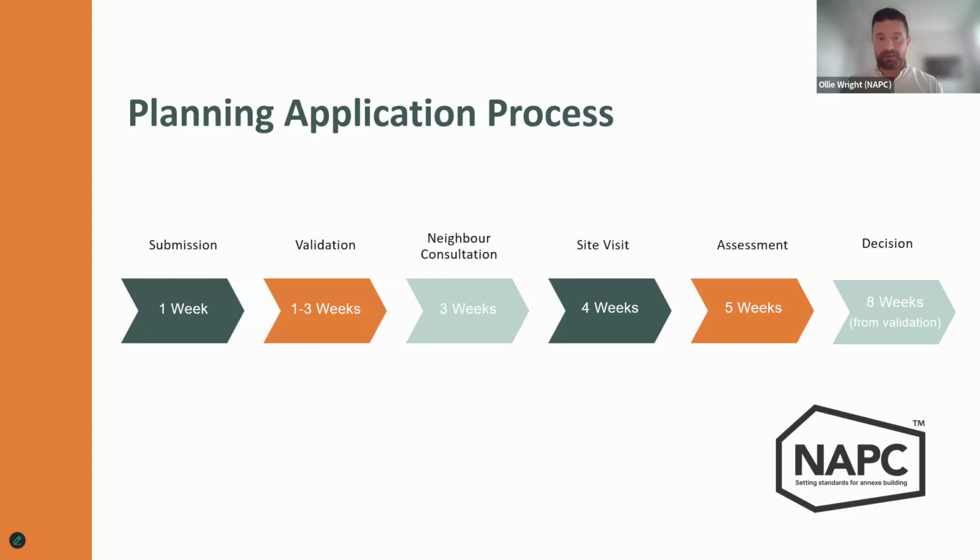In week 4, for both applications, there's a site visit from the case officer dealing with your application. They'll come to site, take a few photos, peer over the fence, that kind of thing. Then from week 4 to 5 onwards, they'll start reviewing all the information we've submitted. They'll look at their photos and their site assessment, and they'll start making a decision.